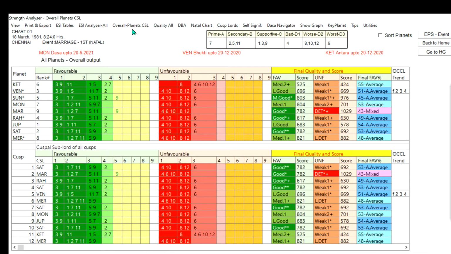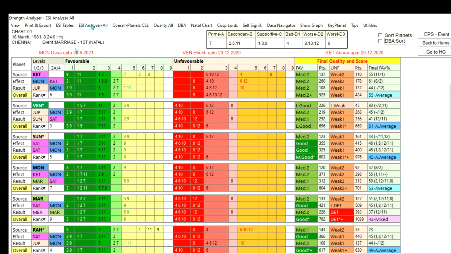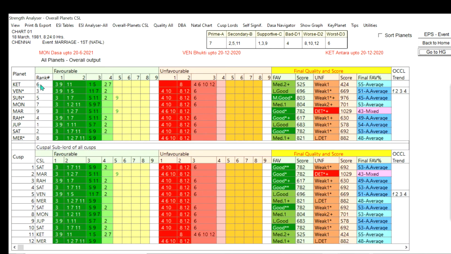When you click that, whatever you saw in the overall for all planets, the consolidated output of each planet, source, effect and result, the overall output is given here with their favorable quality, unfavorable quality, percentage and their overall quality name. Only those are shown under this table. It means Ketu overall alone is given here. It is not shown level wise. Only the final overall is given here for all 9 planets.